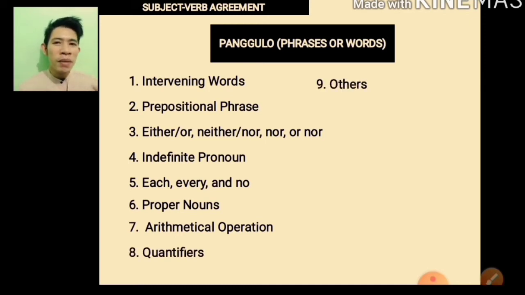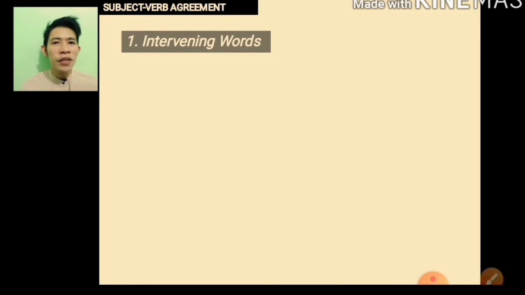So, bakit ko siya in others? Kasi there are a lot of rules in subject-verb agreement. That's why we need to scrutinize each rule. Now, let's start discussing with intervening words.